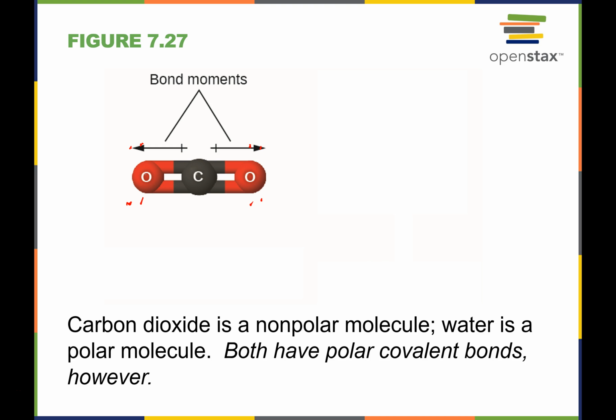So we have partial positiveness right there, and the center of these two guys is also right there. So that's what makes it nonpolar. So CO2 is nonpolar, even when we have polar bonds. And then we compare that with water.